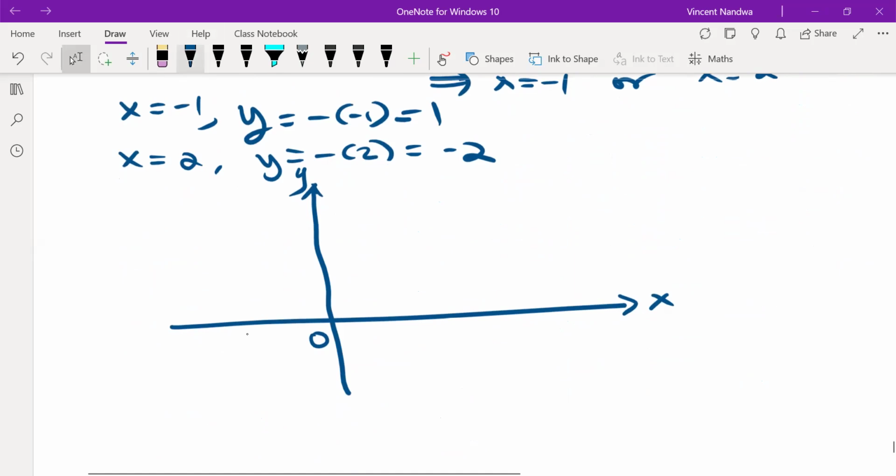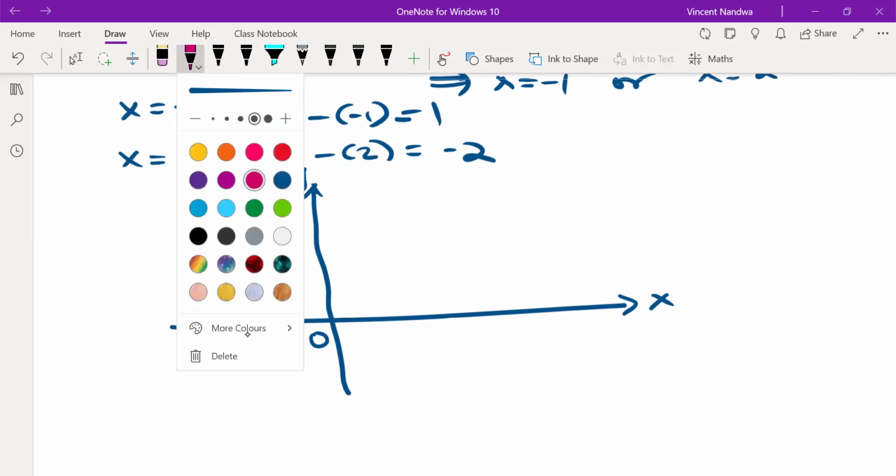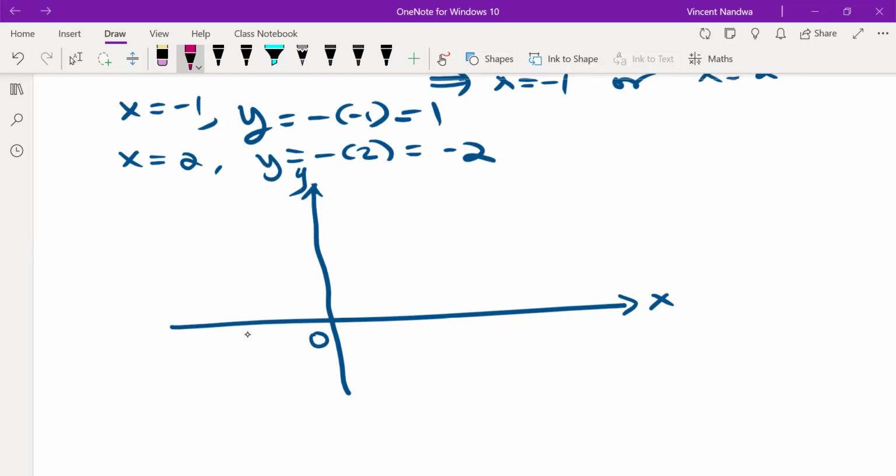Then this is the line y equals -x. Let me draw this one properly.